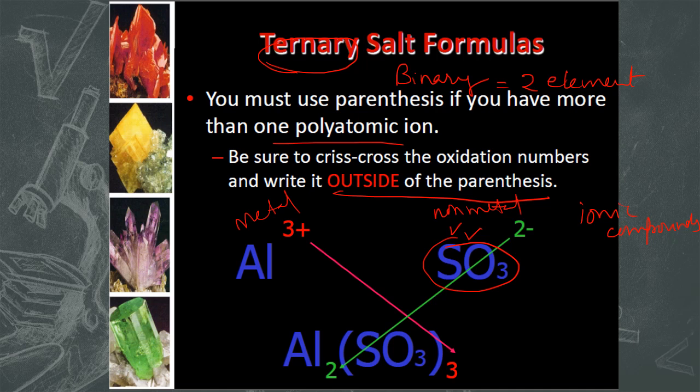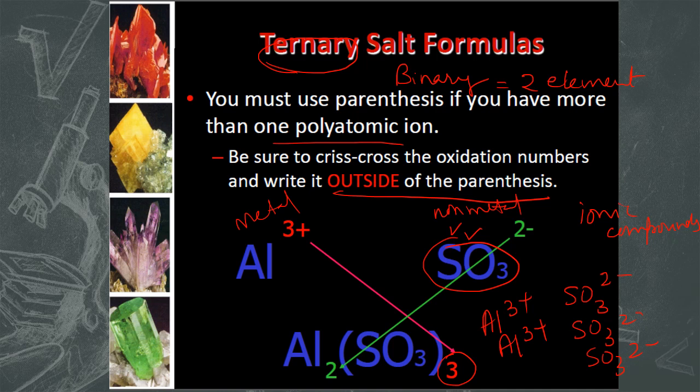When you crisscross it, 2 aluminum and 3 sulfite. That 3 should be outside the parentheses. As we were practicing before, make sure the charges cancel out. That's why there are 3 sulfite ions for each 2 aluminum. That will be 6 negative and 6 positive, which makes it neutral.